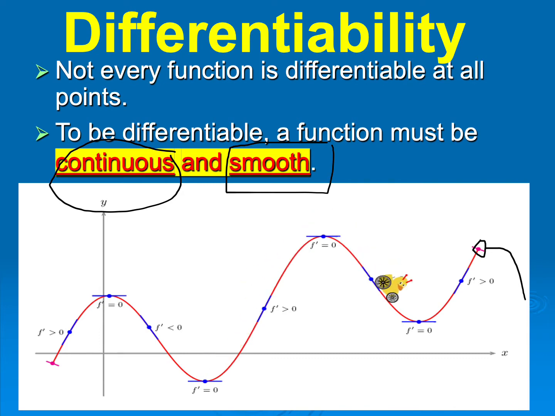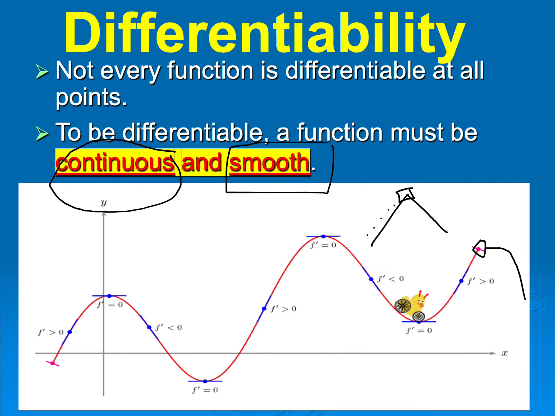In some cases it is continuous, but when the car reaches here, it is difficult to go down, so the graph is not smooth.